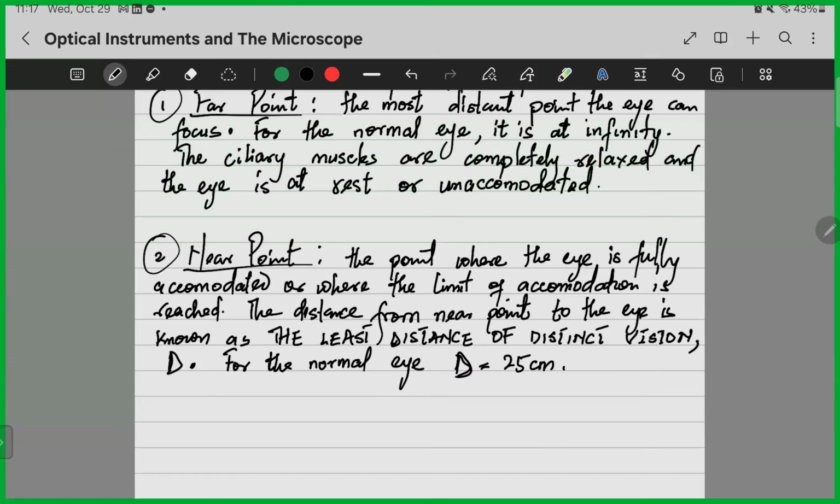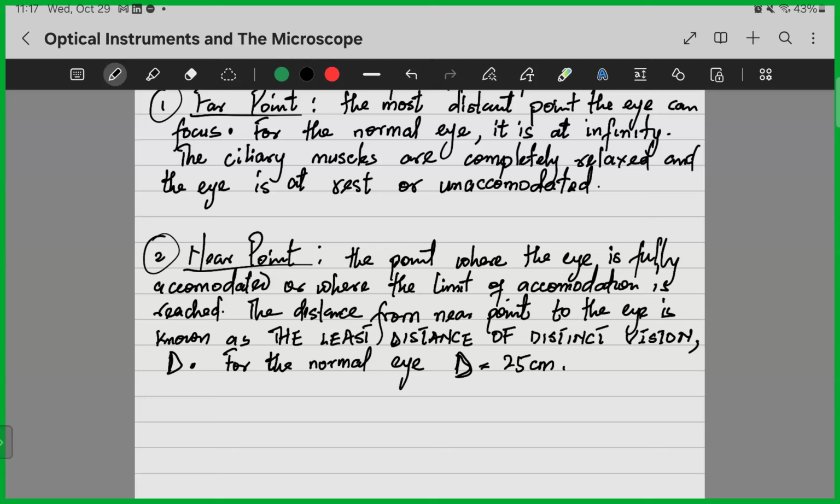So let me quickly explain the concept to you here. Let me talk about the least distance of distinct vision. That distance between your near point and your eye. Let me give you the scenario of no matter the eye problem you're having.